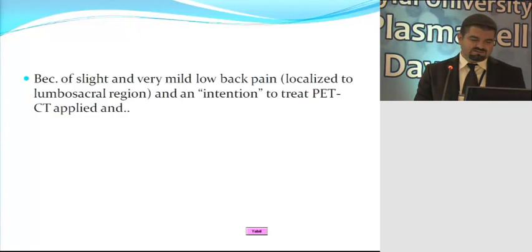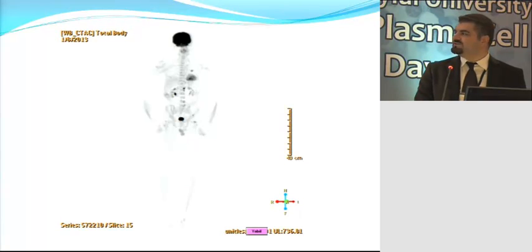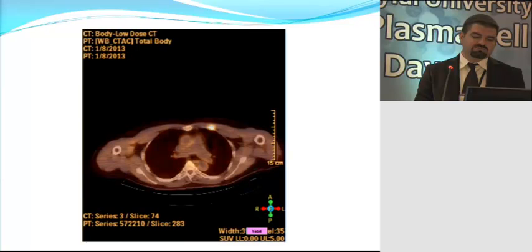And this is how the case went on. Because of slight and very mild low back pain localized to the lumbosacral region, and an intention to treat, we applied PET-CT and saw lots of lesions attributable to multiple myeloma.